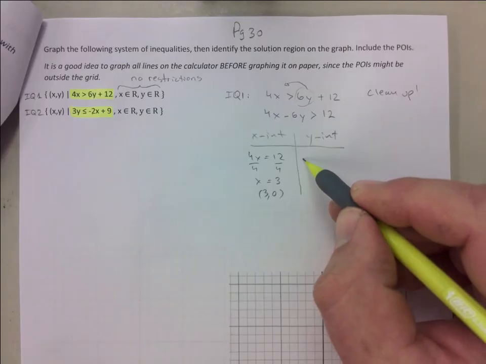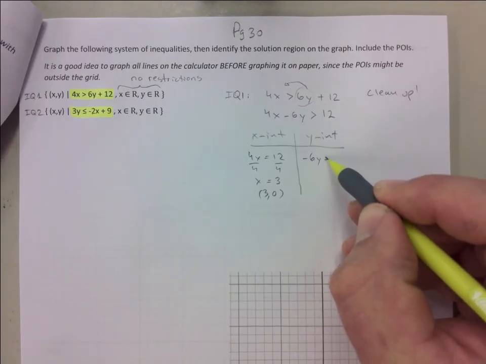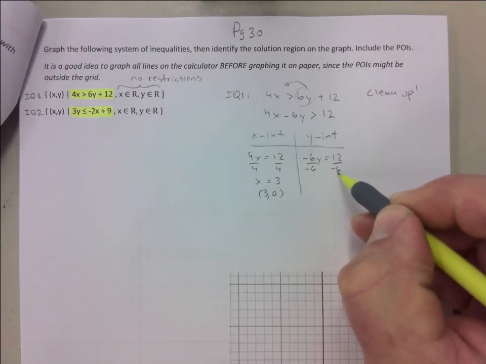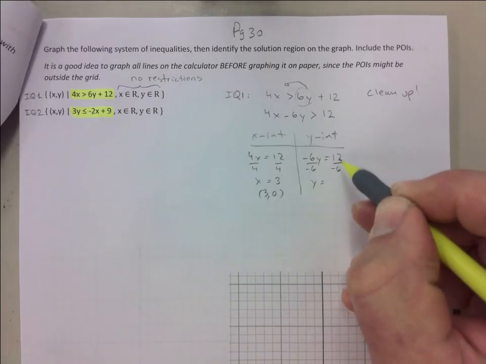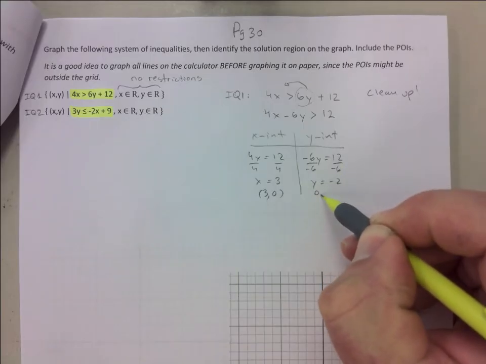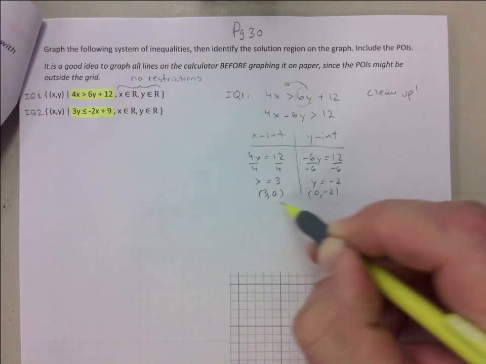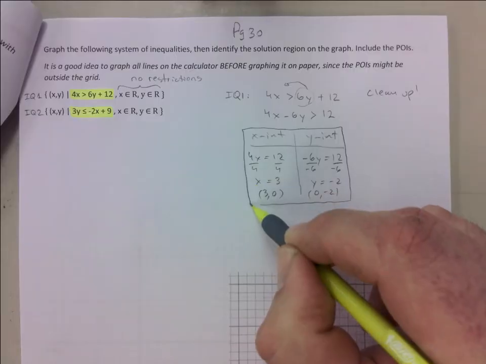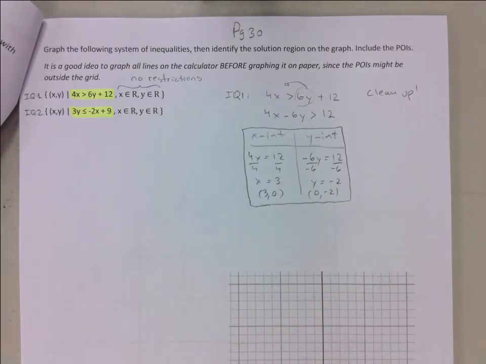Okay. Negative 6y is equal to 12. Divide both by negative 6. y is equal to negative 2, (0, -2). Boom. So right now we're just thinking, hey, if we wanted to graph this one, we would do the same as before.